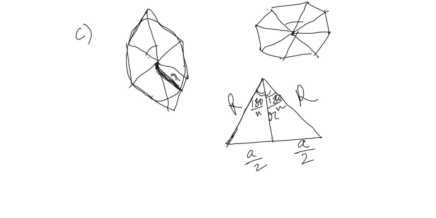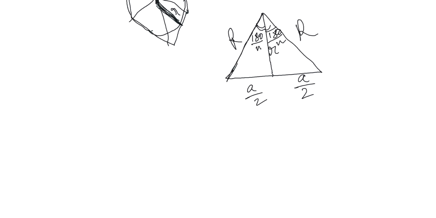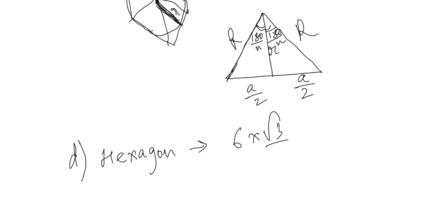Then we will remember some things which are dedicated to hexagon and octagon. In a hexagon, the area is 6 into root 3 by 4 a square.